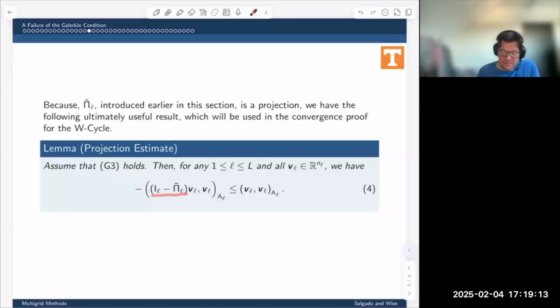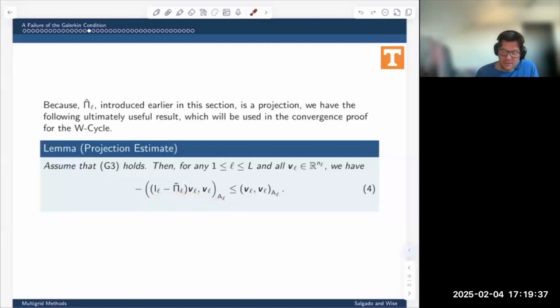If it was, I could replace this object by its square, throw half of it to the other side, and show that this object is greater than or equal to 0, so the whole thing would be negative. Right now, I don't know the sign because this is not a projection matrix.